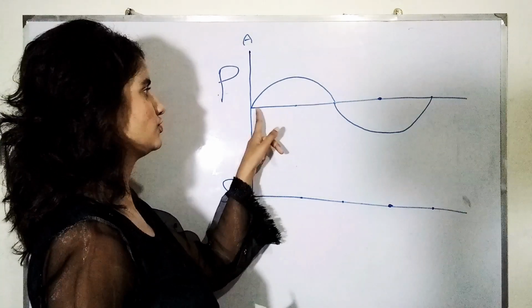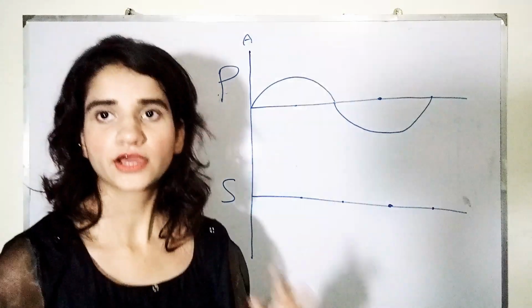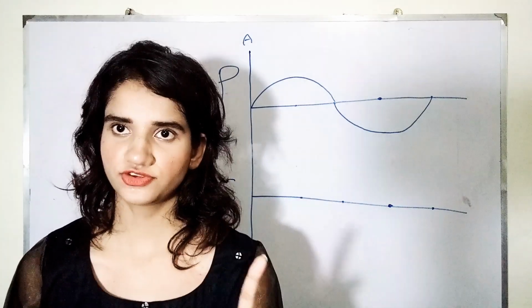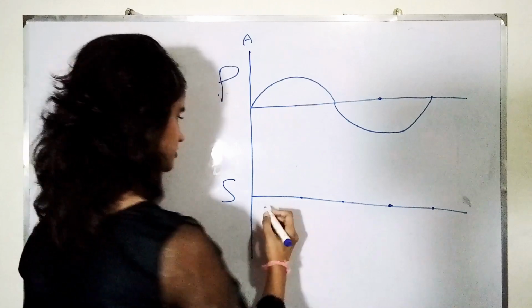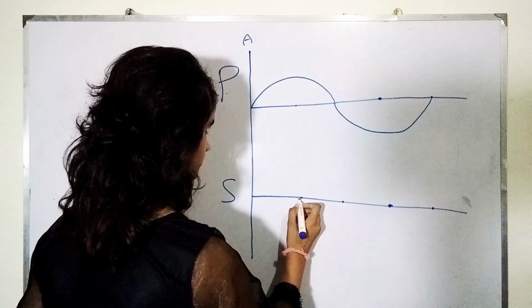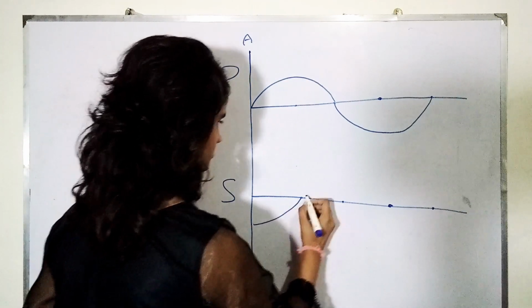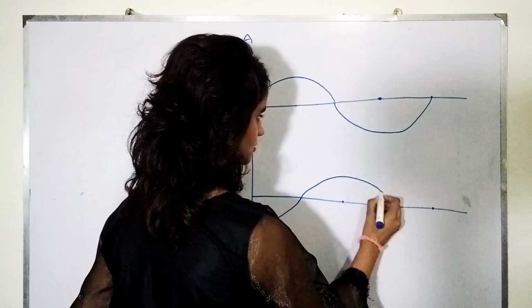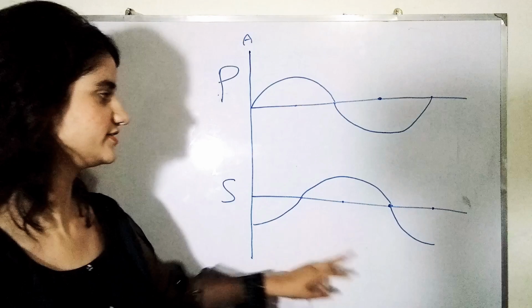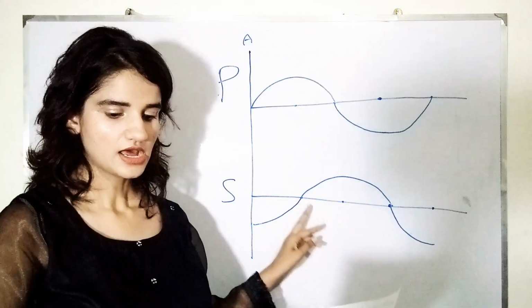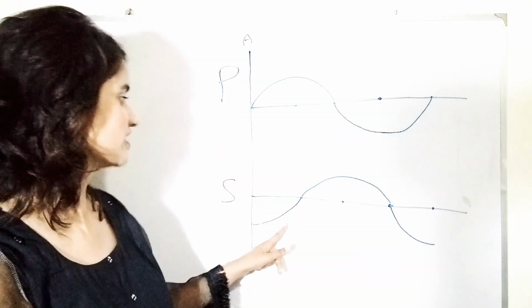Considering Lenz's law and Faraday's law, I am going to draw how it is going to work. So this is how it is going to work. This is our secondary coil.